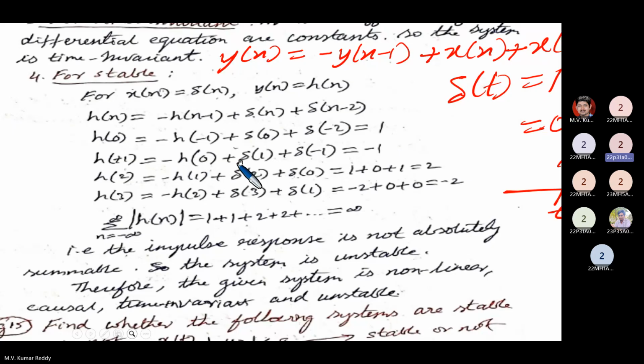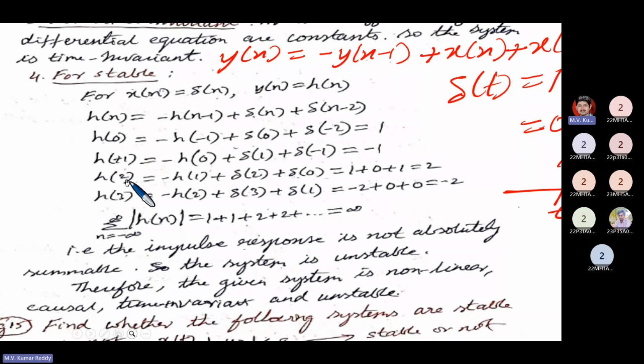Plus delta of 1 minus 2, that is delta of minus 1, which is 0, and delta of 1 is 0, since only delta of 0 has the value 1. So minus 1 plus 0 plus 0 is minus 1. Are you following the method?